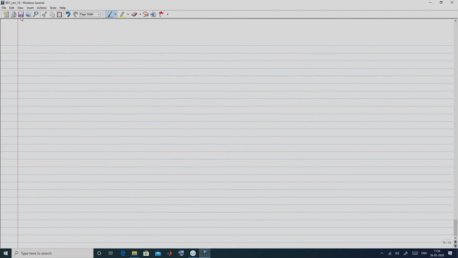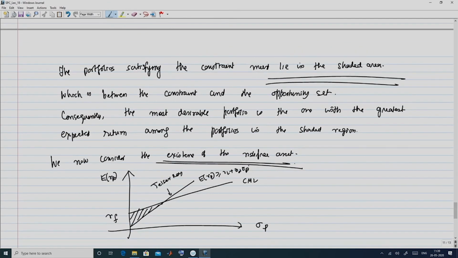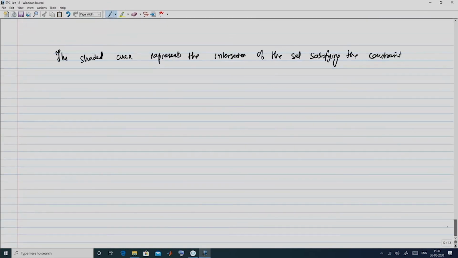So, therefore, I can say that the shaded area represents the intersection of the set satisfying the constraint, that means anything lying above this Telser ray, and the opportunity set.